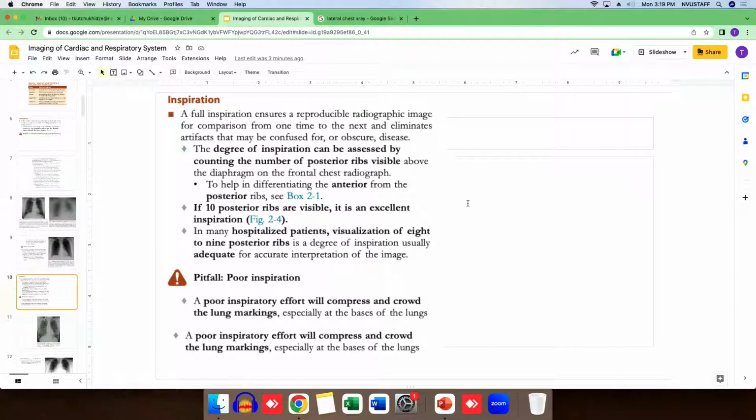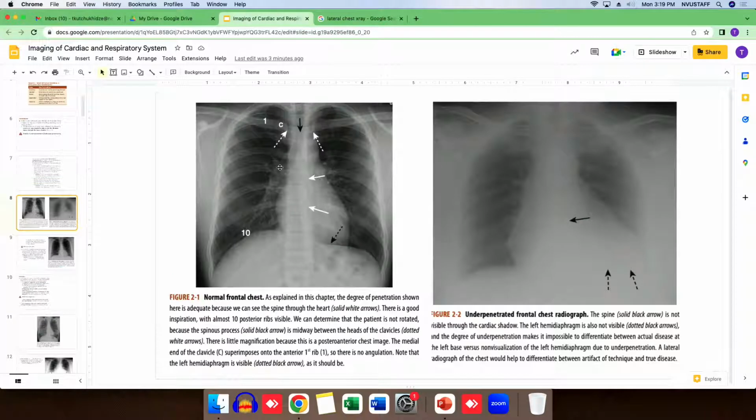Normally we have one set of ribs, but on our chest X-rays we are counting anterior and posterior ribs. Our anterior ribs are the ones that connect to our sternum, right? Do you follow my mouse? I hope you see. Here, these ones are the anterior ones.